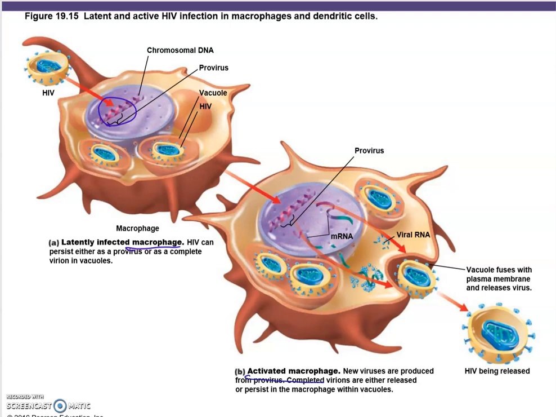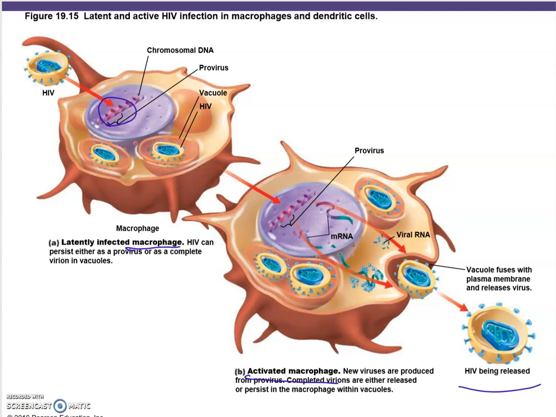If you have an activated macrophage, then this DNA will be transcribed and translated into new viral genetic material and code proteins and spike proteins and whatnot. So whatever the virus needs, all the viral particles will be assembled, and then they will be budding off of this macrophage, and here HIV is being released and going on to infect more cells.